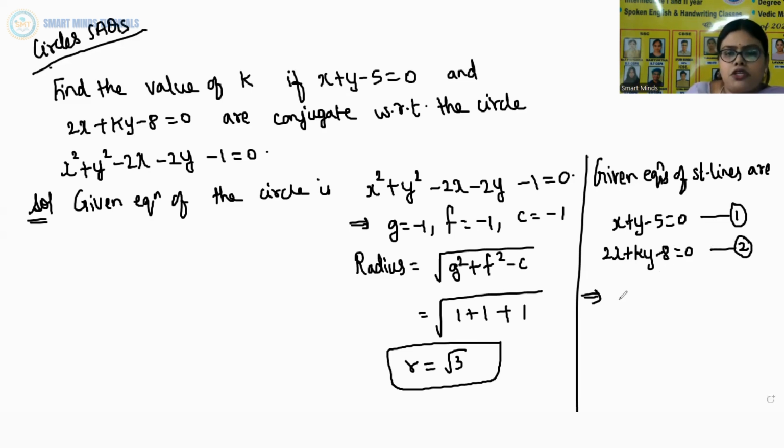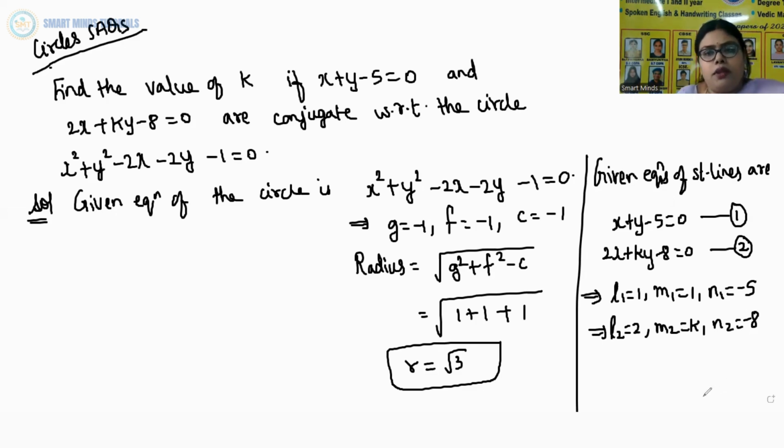Now from equation number 1, we get l1 is equal to 1, m1 is equal to 1, n1 is equal to minus 5. From the first equation, we take l1 as the coefficient of x, m1 as the coefficient of y, n1 as the constant term. The same way we get l2, m2, n2. l2 is 2, m2 is k, n2 is minus 8.